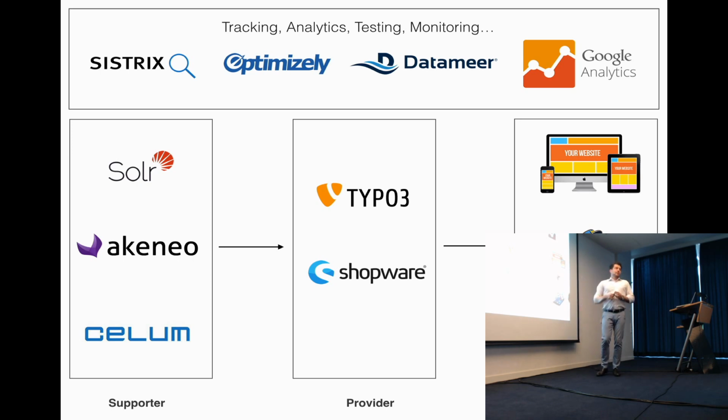For Solr, you need to join the early access program they have, and I don't know what's with the e-commerce one. I think there's nothing with Celum. They also provide an API, but I don't think there's a ready-to-use extension. So I think that currently the situation in the TYPO3 community is that this is something we can share, but everything else is something we need to pay for.